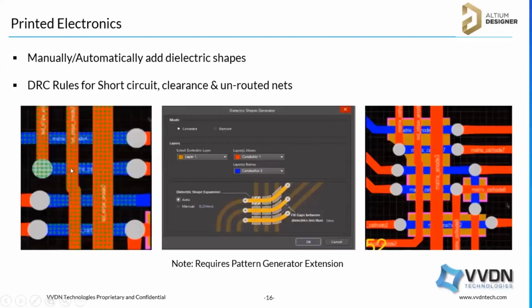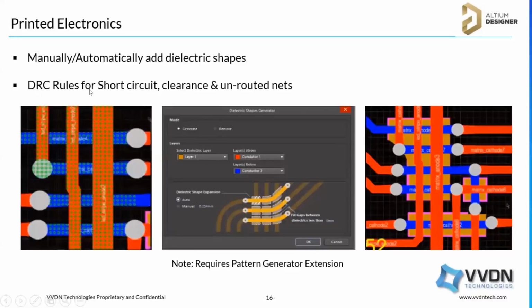So there are two options, automatic and manual. You can add the insulation, means the dielectric, over here by selecting the layers, and it will be like this, so that it removes the error.